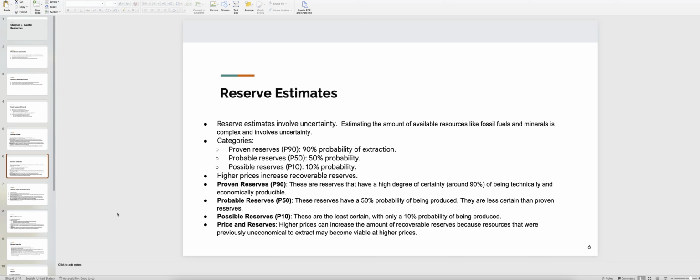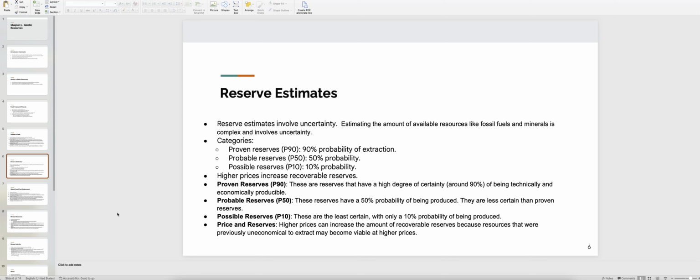And what they will typically do is create three possible scenarios. We have proven reserves, probable reserves, and possible reserves, which all have varying levels of probability of existing. There are the things that we absolutely know to be true underground.